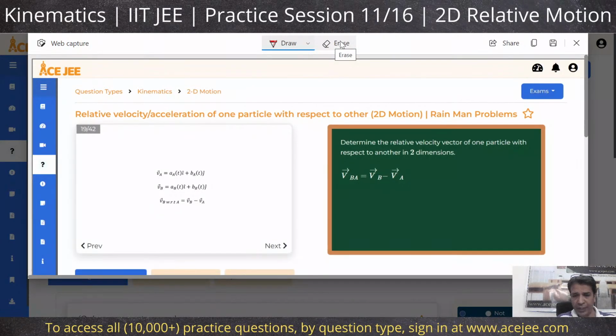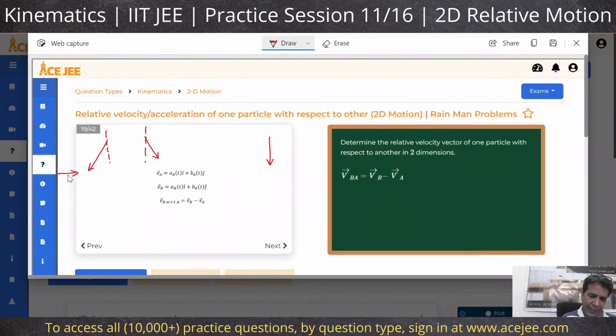They might be falling vertically downwards, or at an angle with the vertical, like this. And then you will have a man who's traveling, let's say, in this direction from left to right.